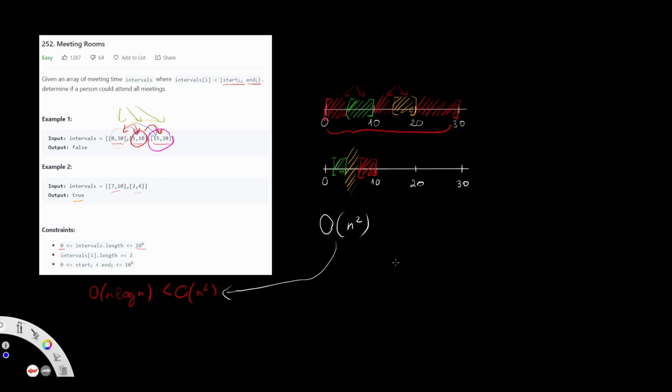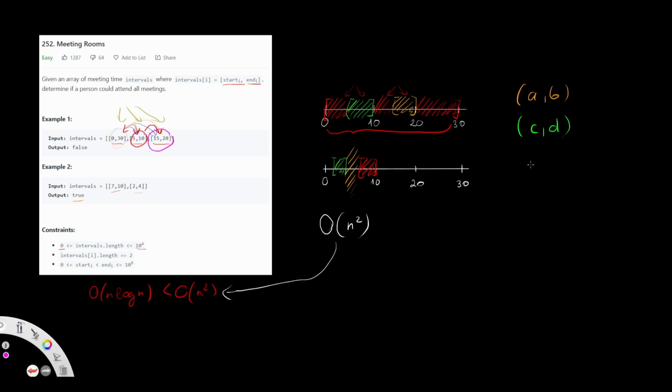Let's try to formulate a logic here. If we take 2 intervals, let's say A and B are going to be the start and end time for one interval, and then C and D are the start and end time for another interval, and we want to decide if there is an overlap, what do we need to do?